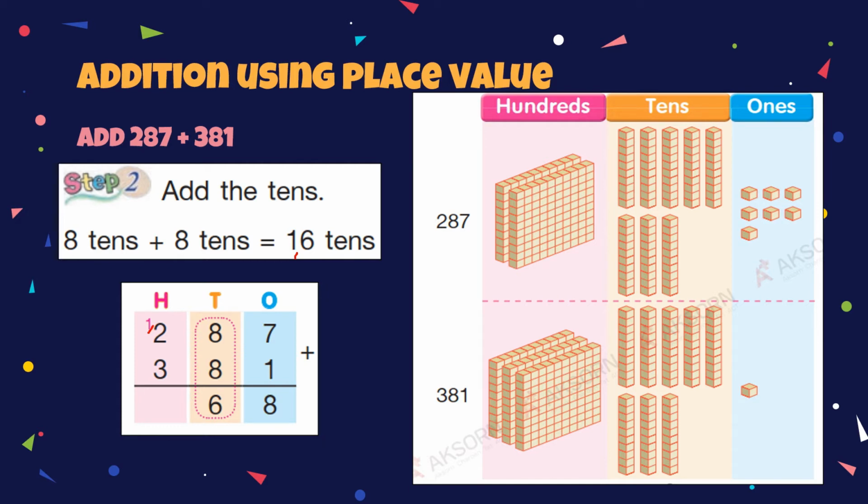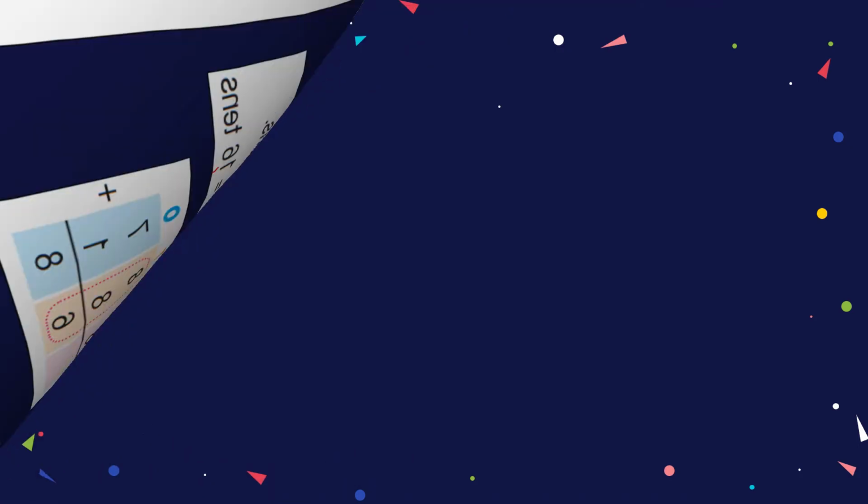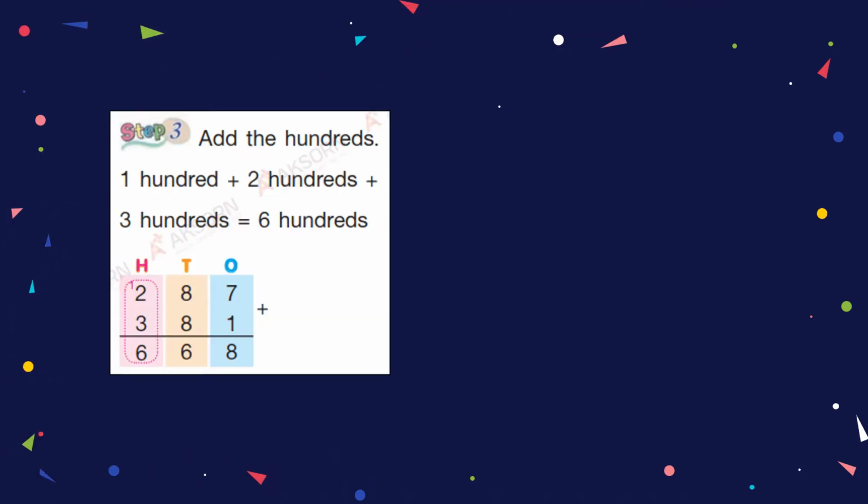For the third step, we're going to add the hundreds. So 100 here plus 200 plus 300 is equal to 6 hundreds.